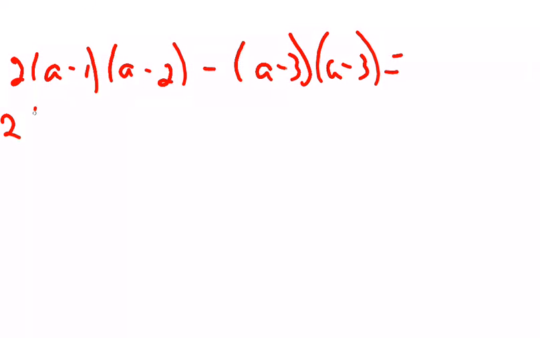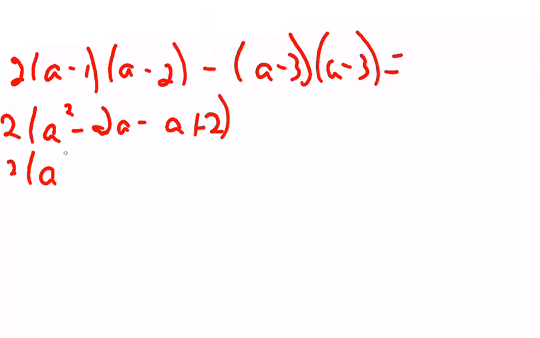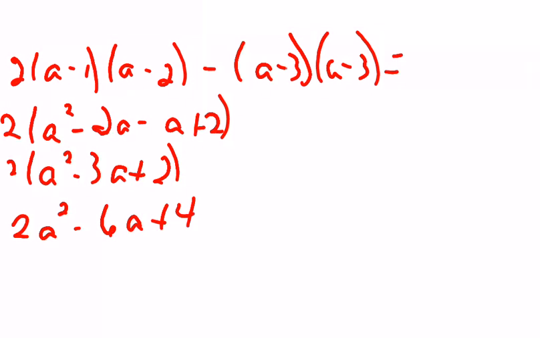So here we'll have the 2, and then we have a squared minus 2a minus a plus 2, combined like terms. So we have 2 times a squared minus 3a plus 2. So multiplying the 2 through, we get 2a squared minus 6a plus 4.